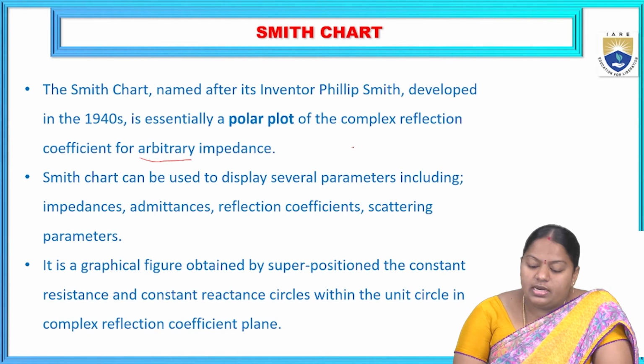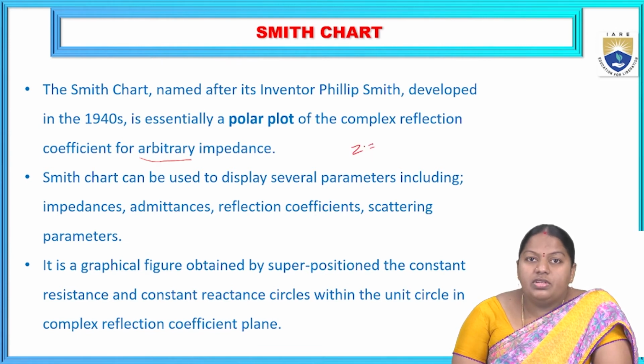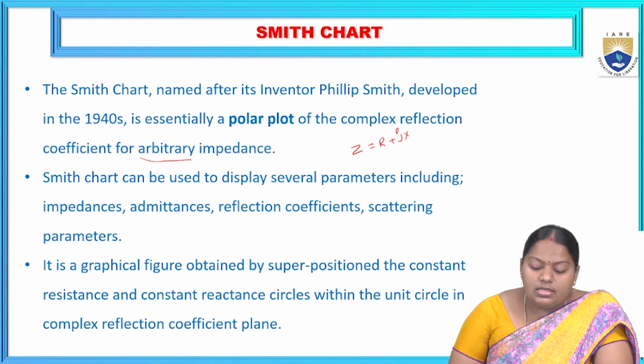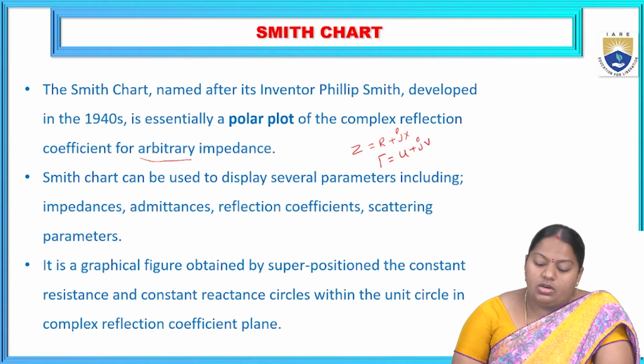So basically, Z is the notation for the impedance, which consists of a real term, the resistance R, and a reactance term, or imaginary term, X, right? Like the complex variable called impedance, the reflection coefficient gamma is also in polar form or complex form, expressed as gamma equal to U plus JB, right? So we consider all these complex variables: for impedance, R plus jX, and for reflection coefficient, gamma equal to U plus JB. Now this is the fundamental analysis.